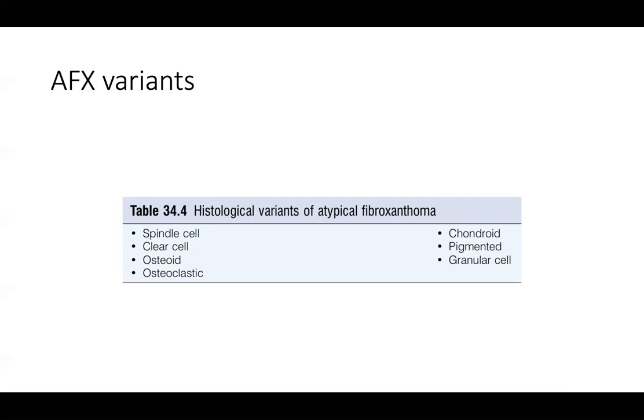What you're going to see more commonly are your traditional bread and butter atypical fibroxanthomas. Once you start getting into these variants, I would say that you definitely want to get a consensus before you try to call something granular cell atypical fibroxanthoma, for example. But again, you won't see it unless you know it, so you should be aware that there are variants out there that have been described.